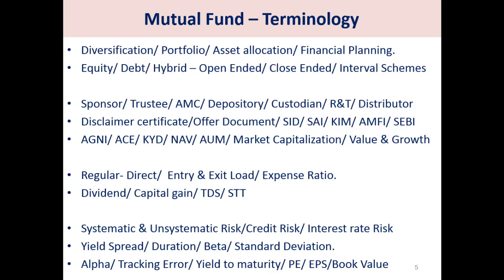The other classification is equity, debt and hybrid. So one should be clear, because if a question comes like how the interval fund behaves, and what the number of closing days in the interval fund is, minimum or maximum, something like that will be there. We'll take this up slowly, but you should know the scope of your learning: equity, debt, hybrid, open-ended, closed-ended, and interval schemes. That is how it works.